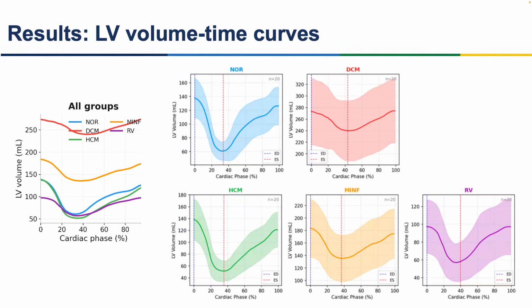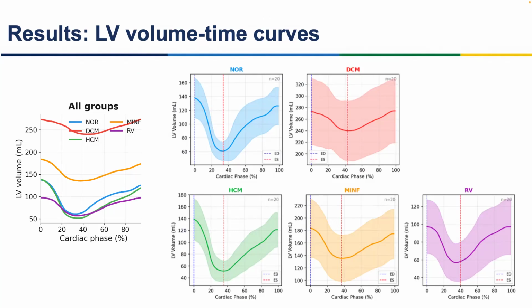These curves demonstrate that the output is not only a set of segmentation masks, it can be transformed into a dynamic representation of ventricular contraction and filling throughout the cardiac cycle. This remains an exploratory analysis based on automatic full cycle segmentations.